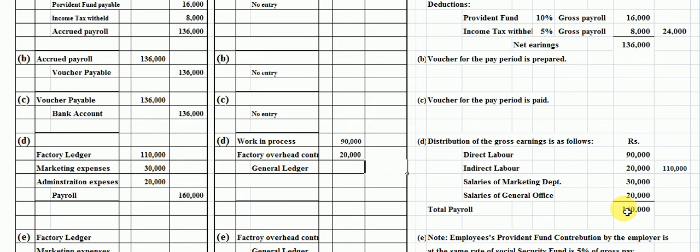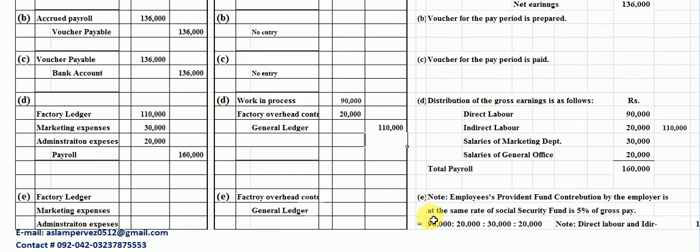Now, the credit is general ledger, 1,10,000 rupees. Students, these are the entries against the factory payroll, which is distributed between the direct labor cost and indirect labor cost here. Now, let's move to the next transaction.